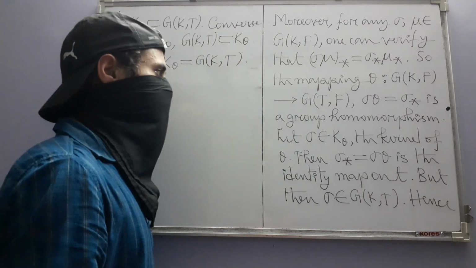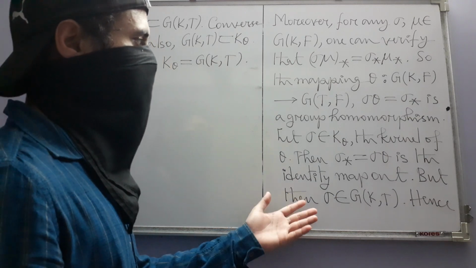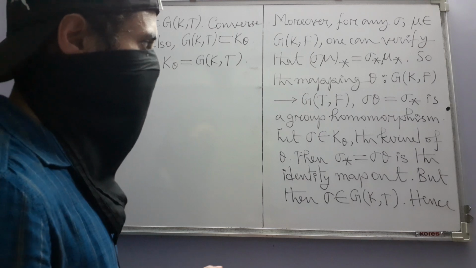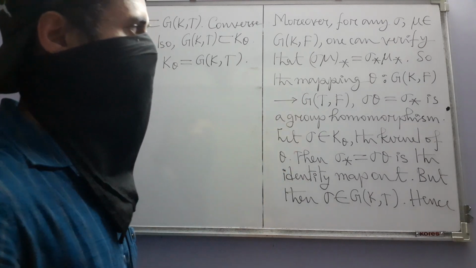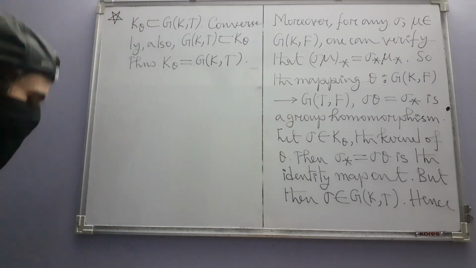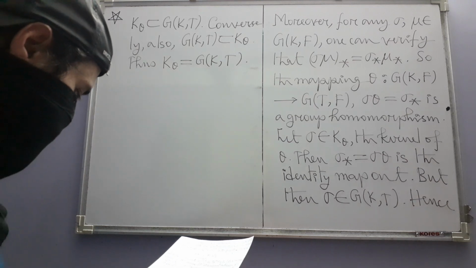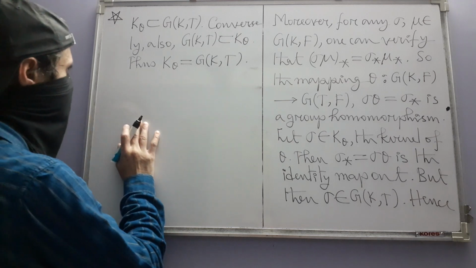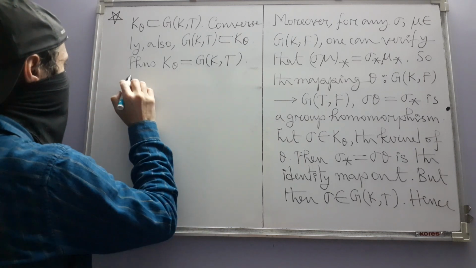But we are not in a position to immediately apply the first isomorphism theorem for groups because we don't yet know whether theta is onto or not. We can, however, apply the first isomorphism theorem and instead write this.